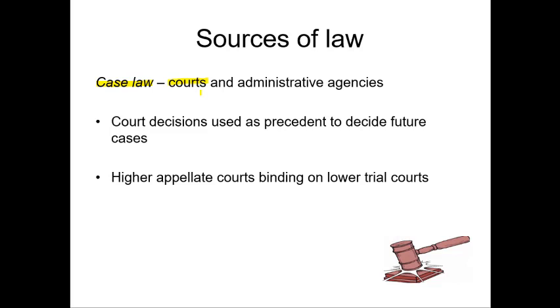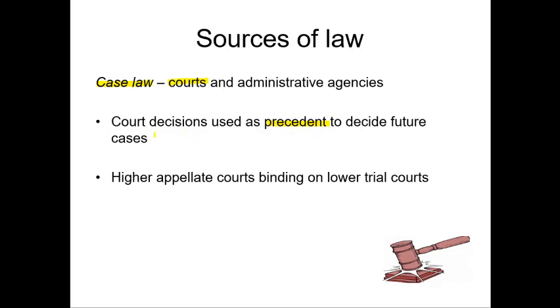So this is how courts have accumulated a lot of power over the years: whenever they rule on some decision, that sets a precedent. So that's what case law is, when these court decisions are used as a precedent to decide future cases.